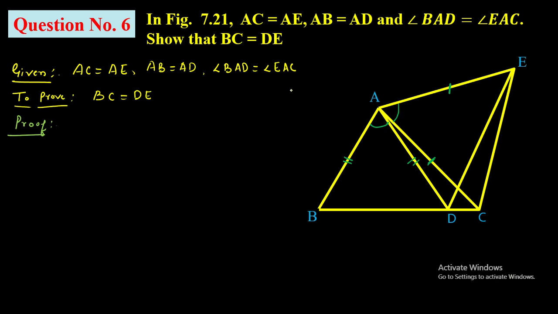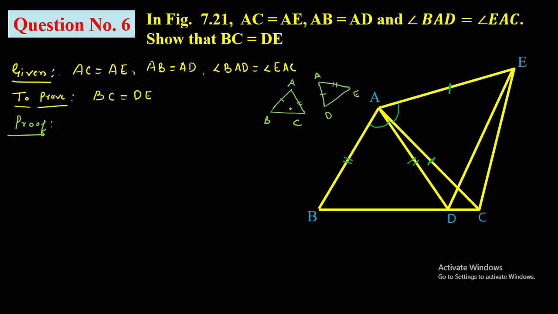So if we'll try to make these two triangles separately, one is ABC and another is ADE. And in these two triangles, it is given AB is equal to AD. Also, it is given AC is equal to AE.